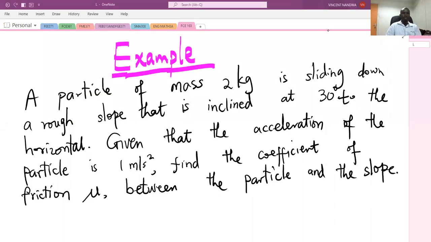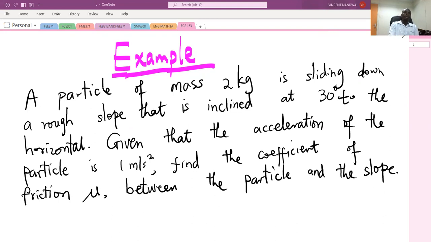Welcome back. So in this session, we are going to solve a problem on how to determine coefficient of friction. So the question reads, a particle of mass 2 kilograms is sliding down a rough slope that is inclined at 30 degrees to the horizontal.